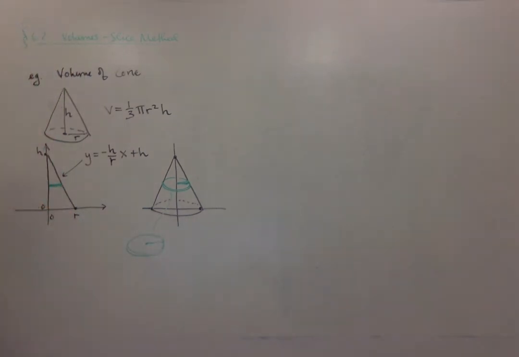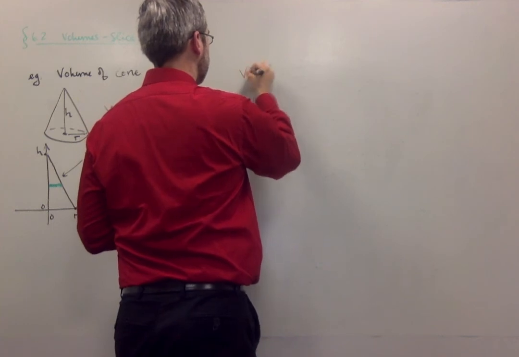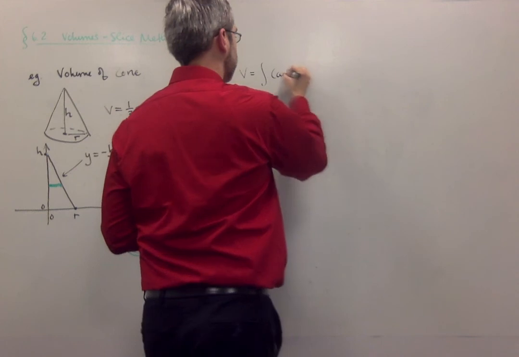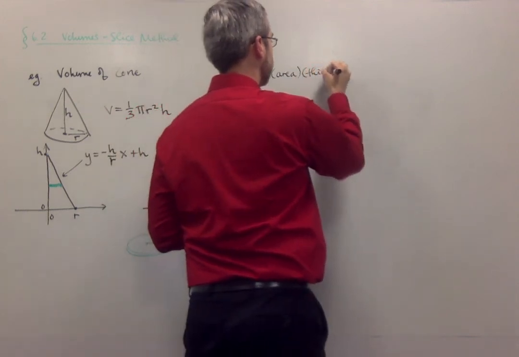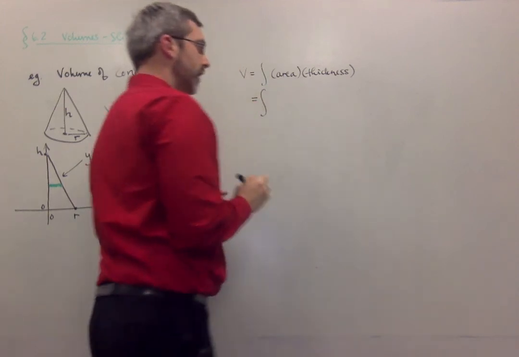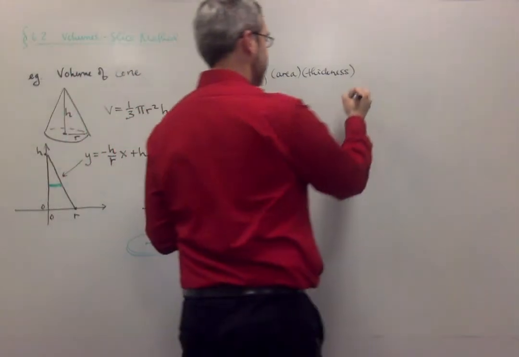All right? So for the volume here, the volume is going to be the sum of the areas times the thickness. All right? So we always start with the thickness because it's easiest to see what the thickness is. It's dy. So let's put that in there.